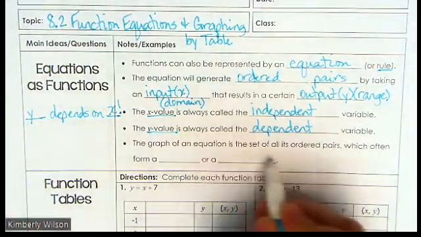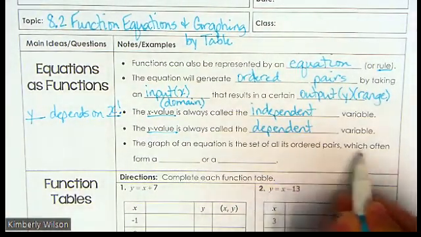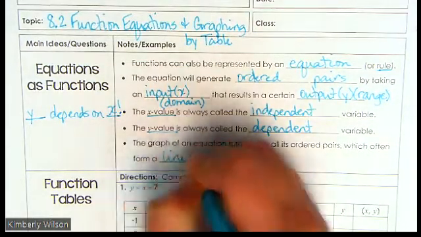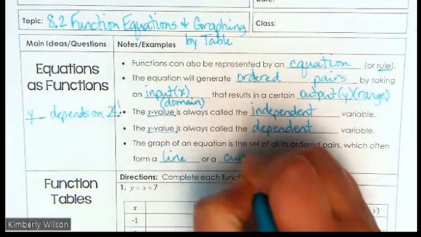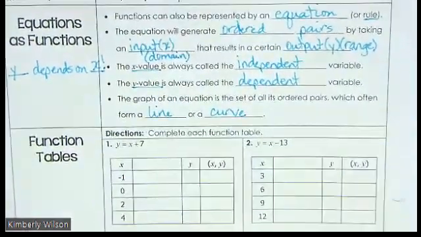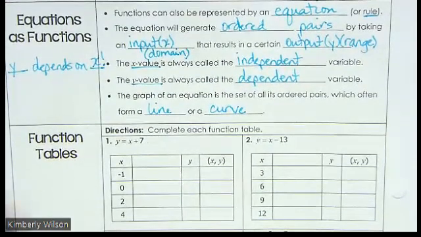The graph of an equation is the set of all its ordered pairs, which often form a line or a curve. We will see both right now, but the majority of what we will deal with will be a line. Okay, so now let's look at how do I find these ordered pairs when I'm given the equation? Okay, so we want to complete the function table.